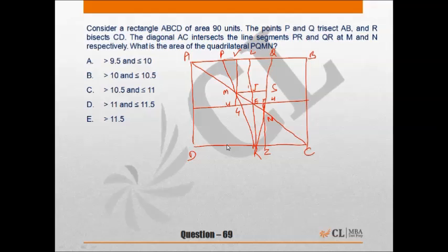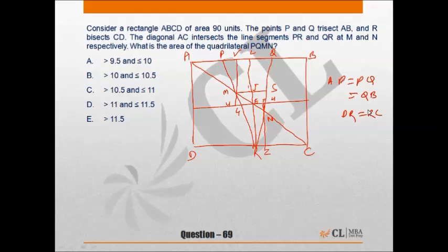In the diagram given below, ABCD is a rectangle of area 90 units. The points P and Q trisect AB, which means AP equals PQ equals QB, and R bisects CD, which means DR is equal to RC.